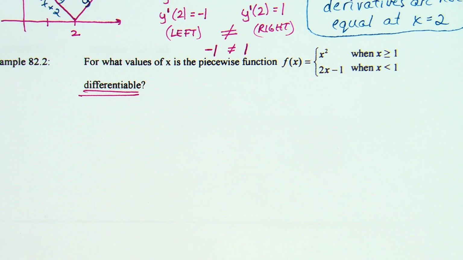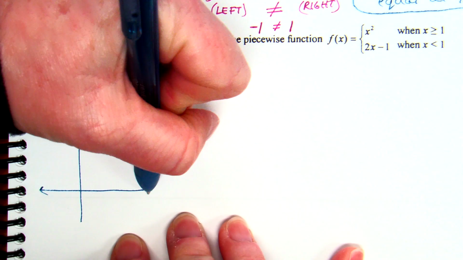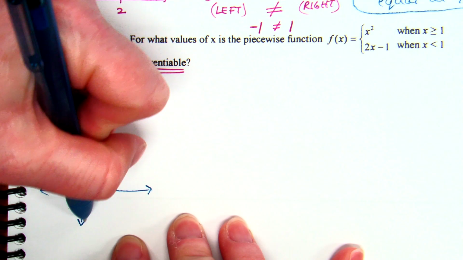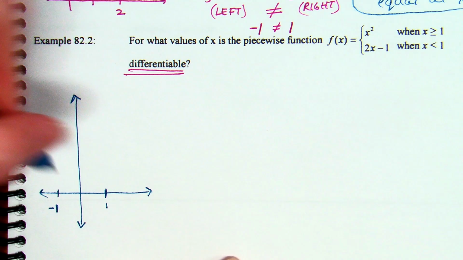Now, I'm just going to have you think about the graph briefly, because here's the deal. Well, I guess we pretty much can figure out what this graph looks like. Because that helps you a little bit here.